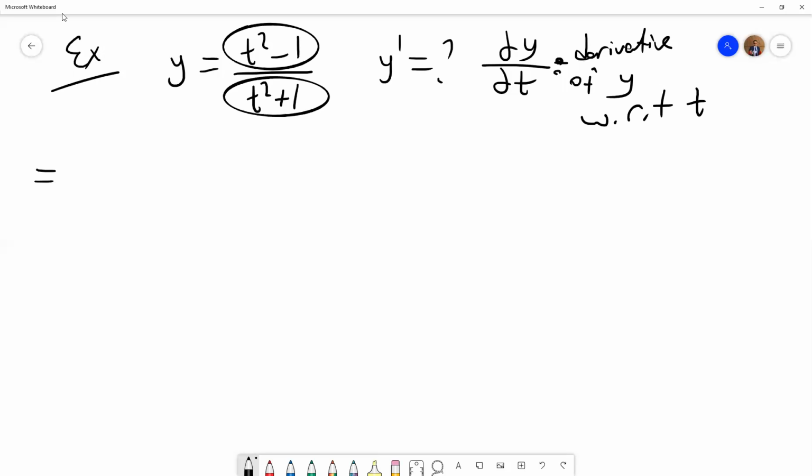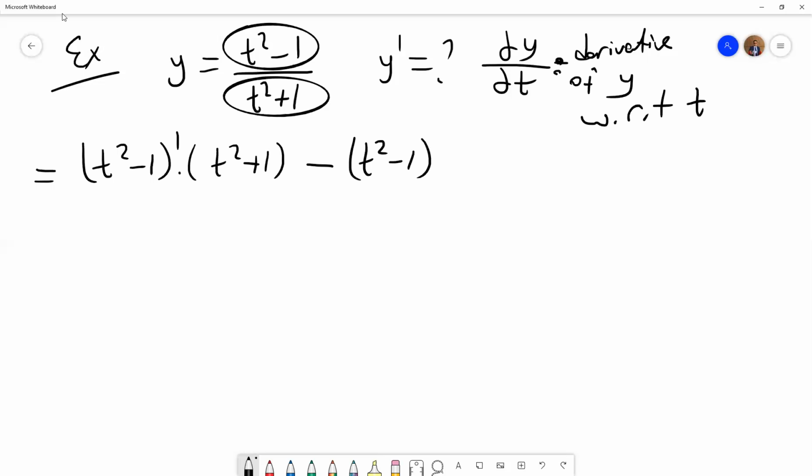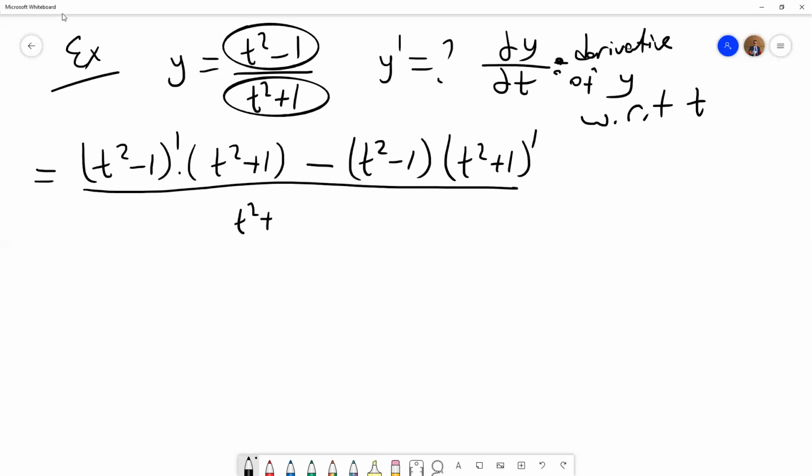First, find the numerator's derivative, that is the derivative of t squared minus 1, and multiply it with the denominator t squared plus 1. And minus, put the numerator the same, this is f(x), and find the derivative of the denominator, and divide by the denominator's square.